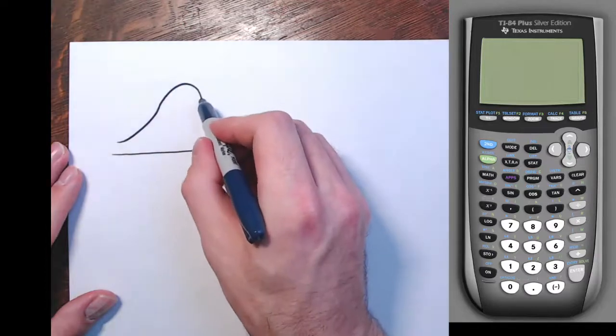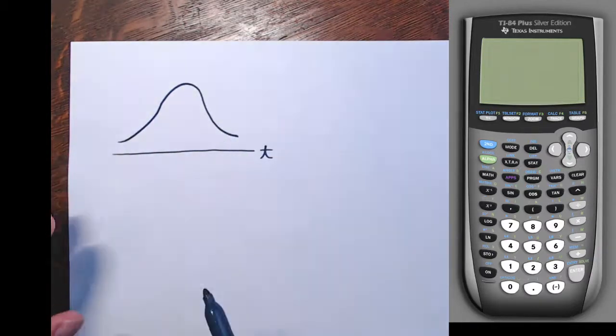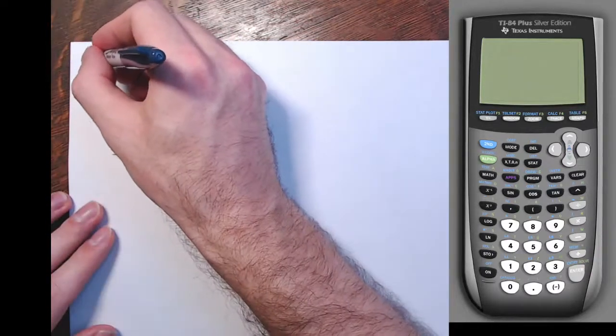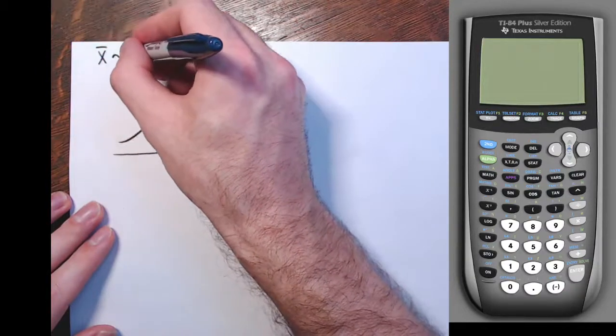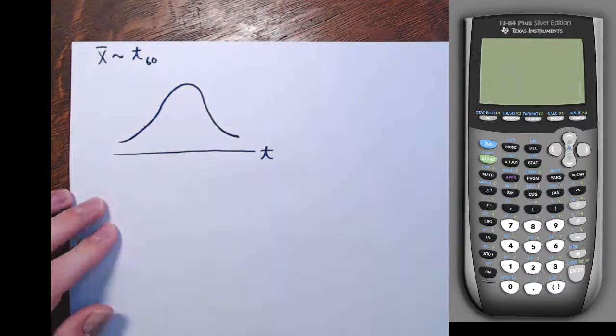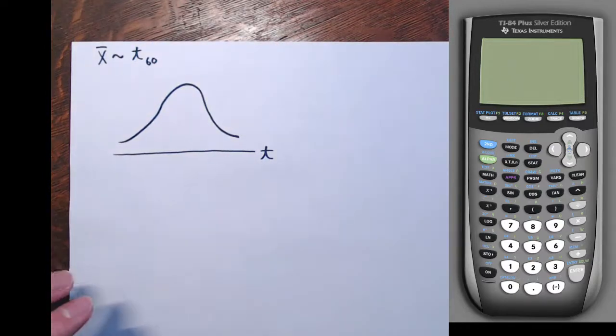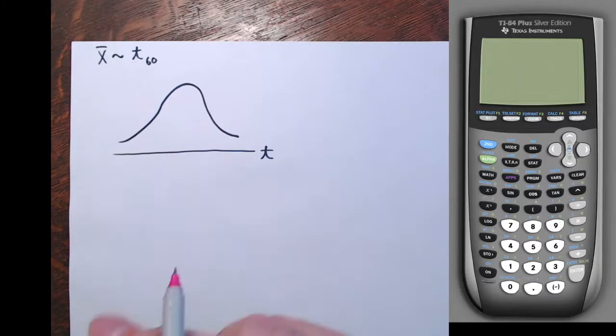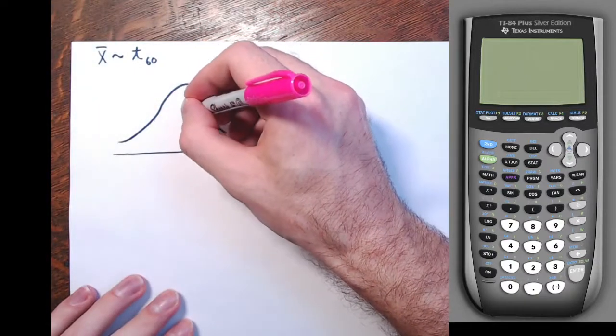It's a bell-shaped distribution. The distribution of the means here is a t-distribution with 60 degrees of freedom, since the sample size was 61.